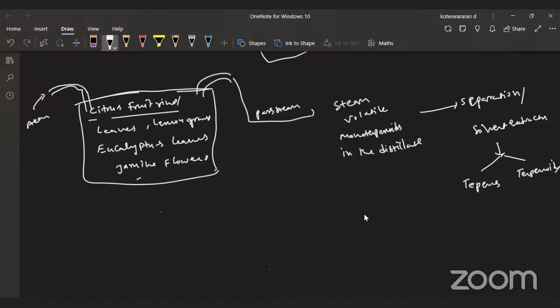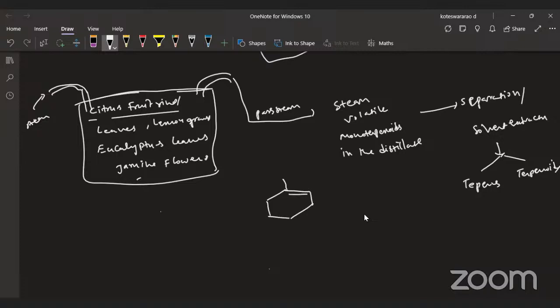Now, coming to the structure elucidation, or structure determination, of terpenol. Actually, I have given the structure of terpenol previously. This is the structure of terpenol. We already know it, that is the reason we drew it.